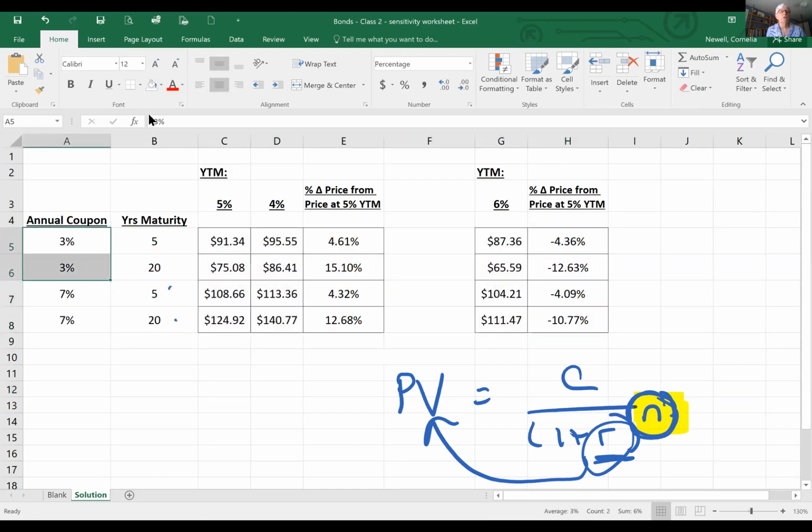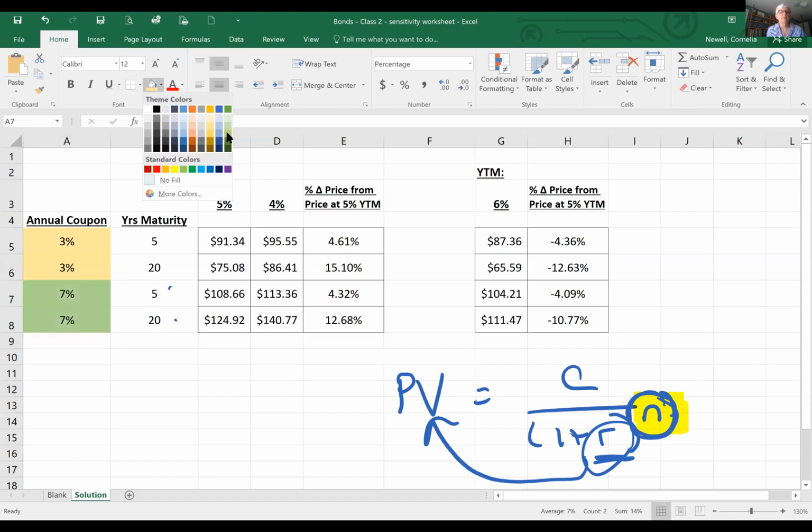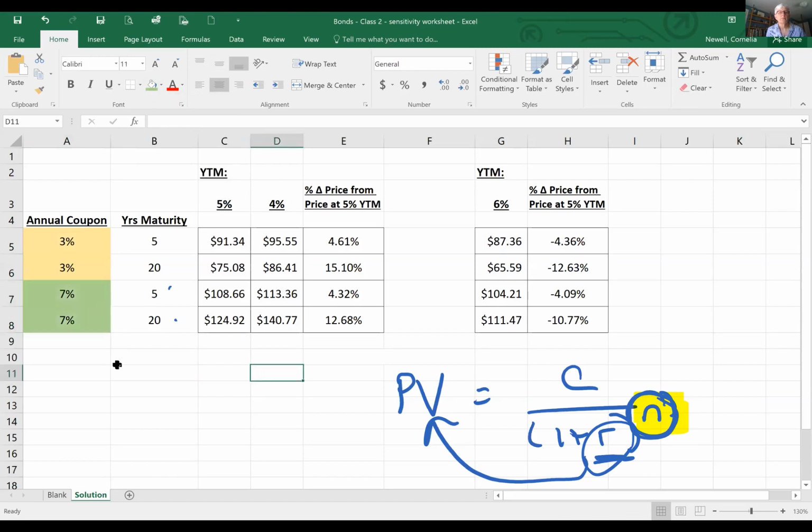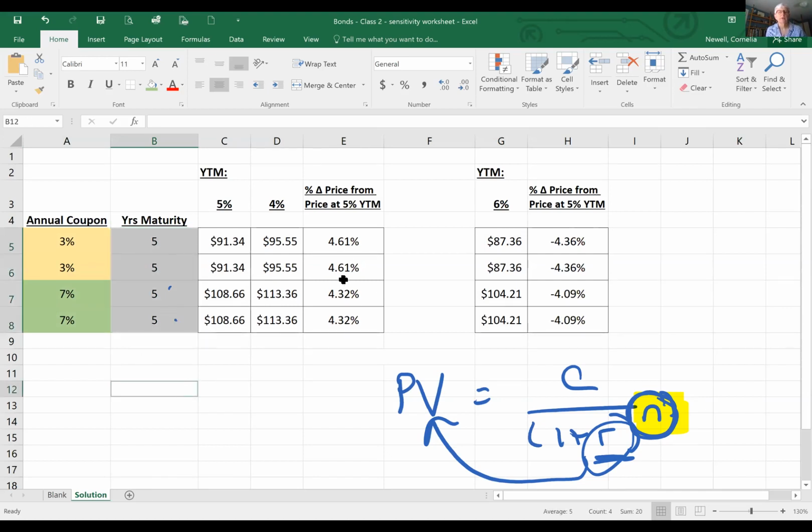We have 2 coupons that are 3% and 2 coupons that are 7%. Now, what I'll do for a moment is change the maturities so they're all the same, so we can just isolate the coupons.